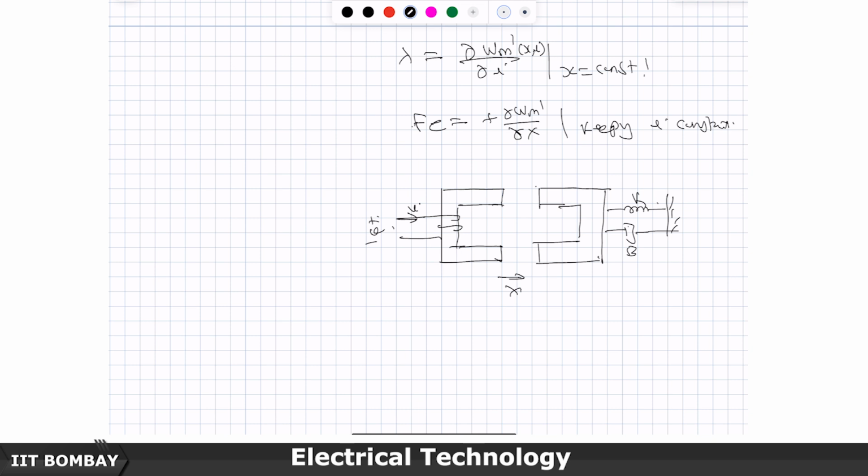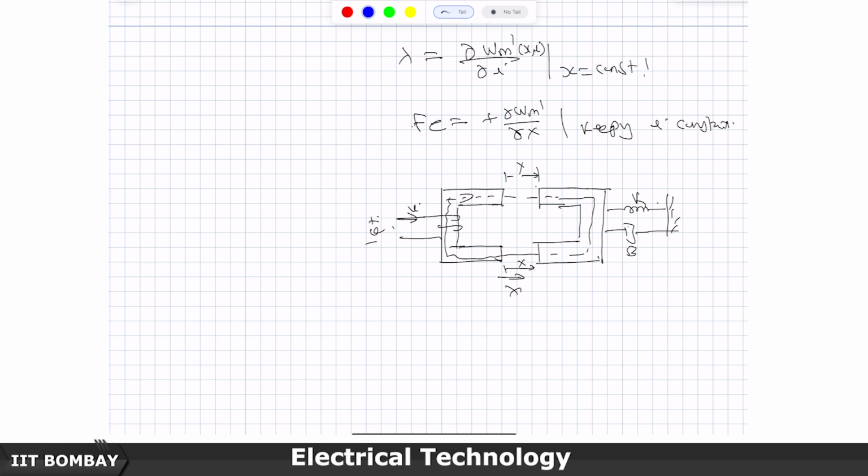Let us say this gap x is measured like this, this is the x. If you look at the flux lines path, it is going to be like this, and it does not matter whether the current is alternating or directional.